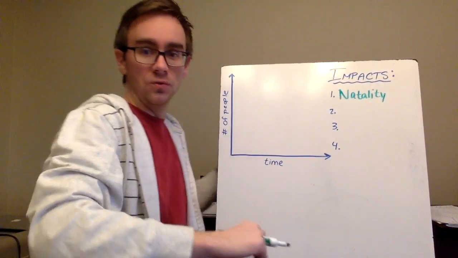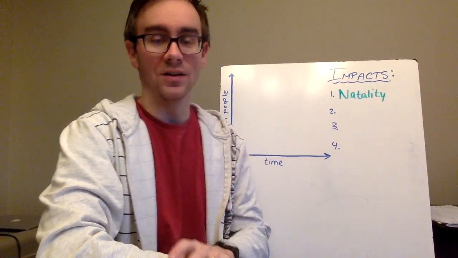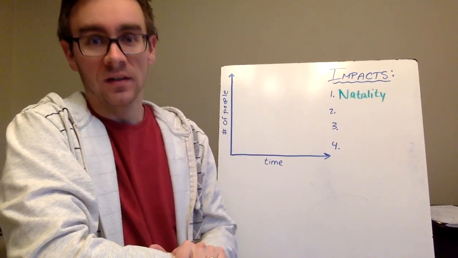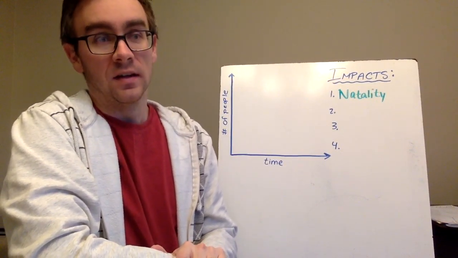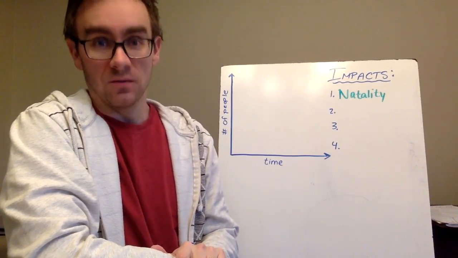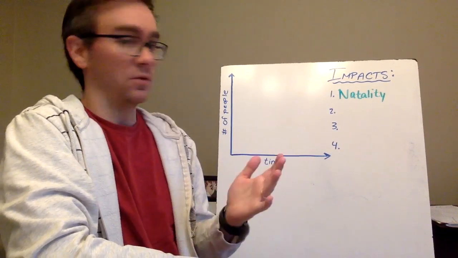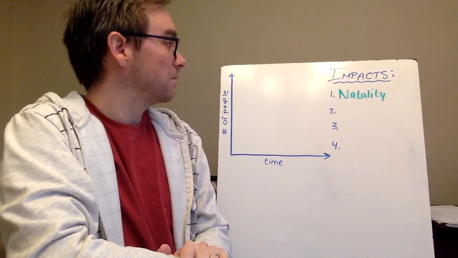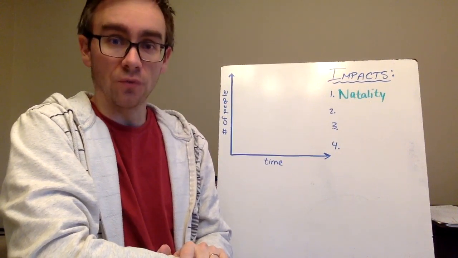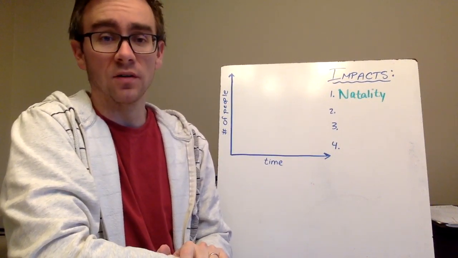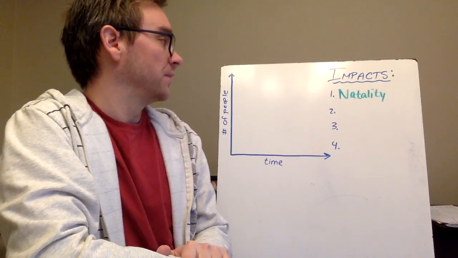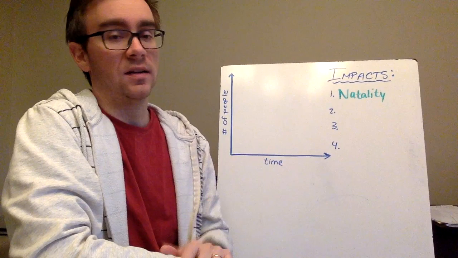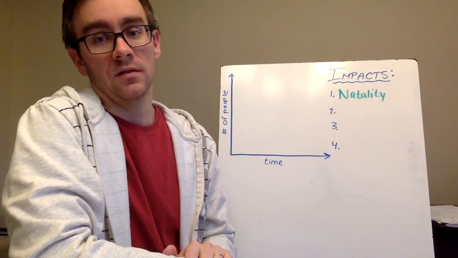After World War II, when a lot of soldiers came home back to America, they ended up kind of settling down with their families and having a lot of babies, and that's what we call the baby boom for boomers. We had this huge growth because we had a lot of babies born in the few decades right after World War II. That was a huge spike in the nativity rate, right?